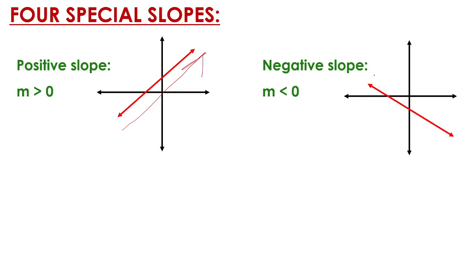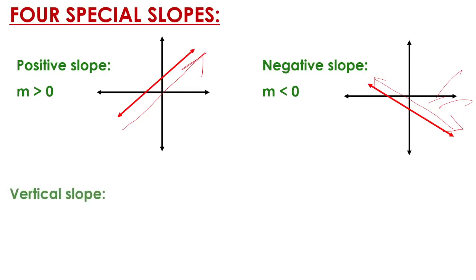The second special slope is simply slanting downward to the right or slanting upward to the left. Some books describe it this manner: slanting upward from left to right. This one is slanting upward from right to left. But if you're going to use the word downward, you can. It's slanting downward from left to right, I mean.